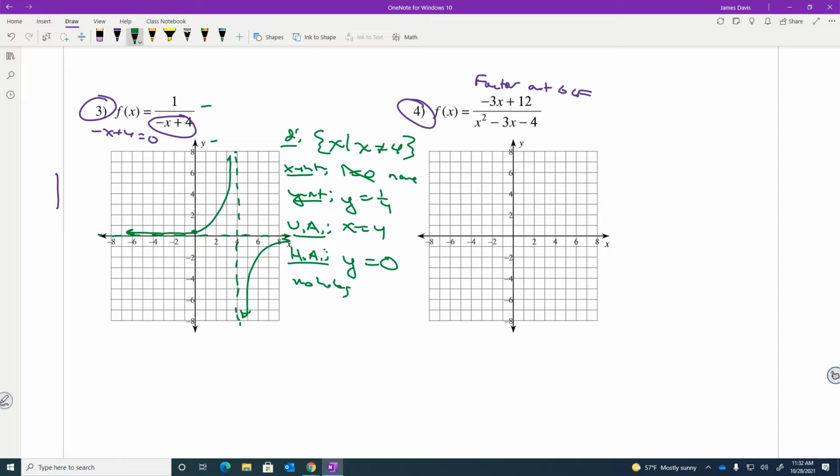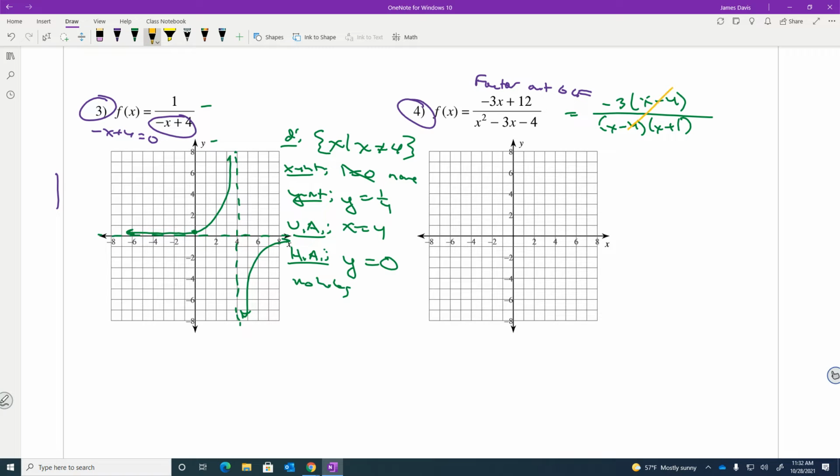The next one you have to factor. On the top, you want to pull out a -3, and then you're left with x minus 4. You're going to pull out a -3 because you don't want a negative with your x left over. The bottom factors into x minus 4 and x plus 1. So then the x minus 4's cancel.